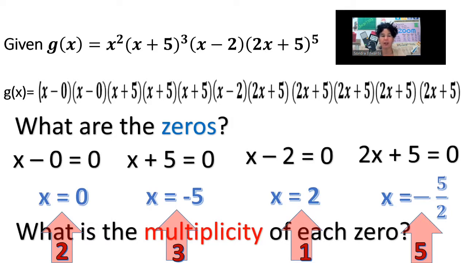If we have a function factored, we can now make a very, very good sketch of this polynomial, because we now know where the x-intercepts are. Then we can think about end behavior, whether it starts up or down, and whether they're both up or both down. Using those x-intercepts with multiplicity, we're going to make a sketch of the graph.